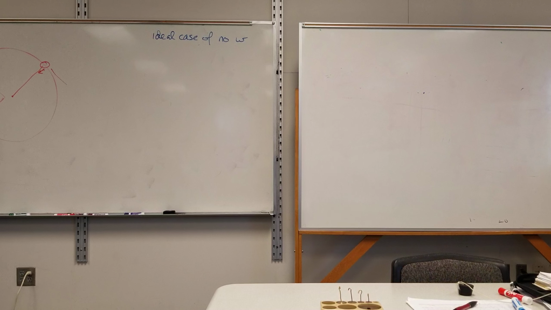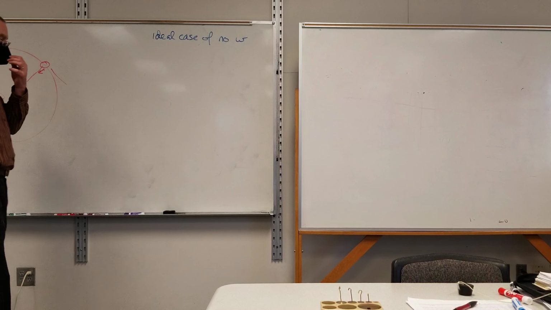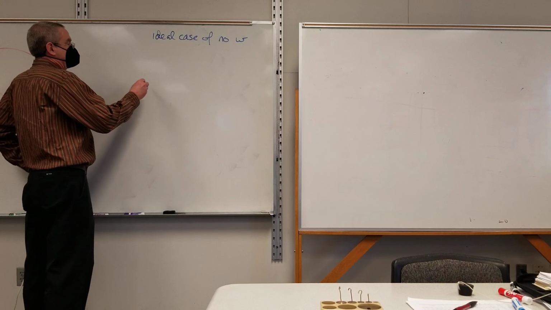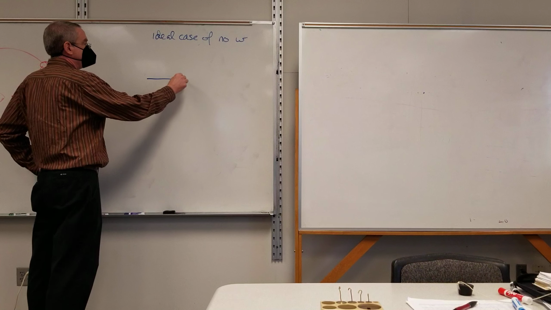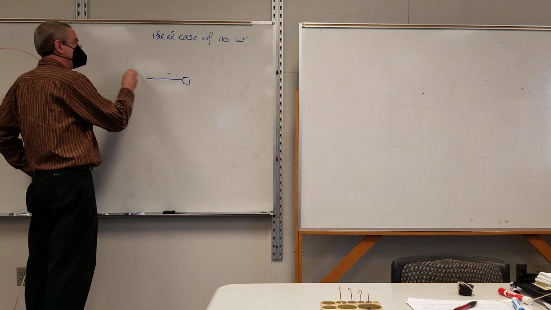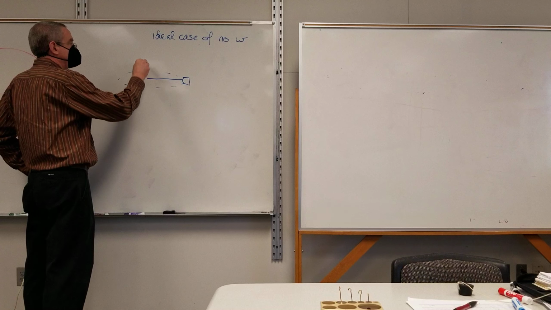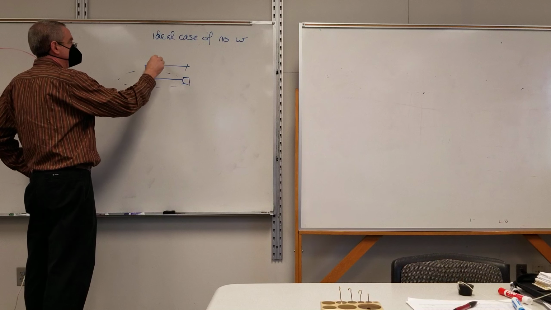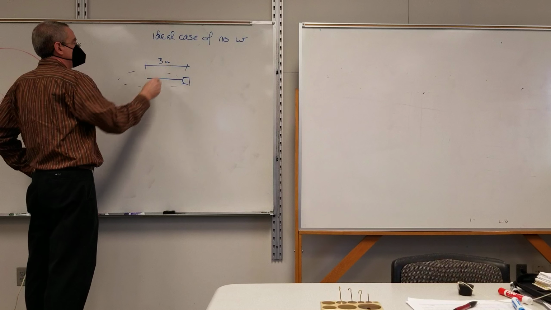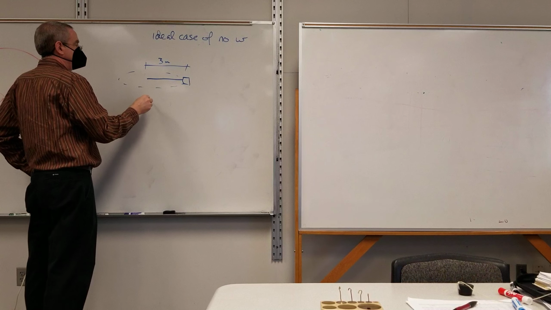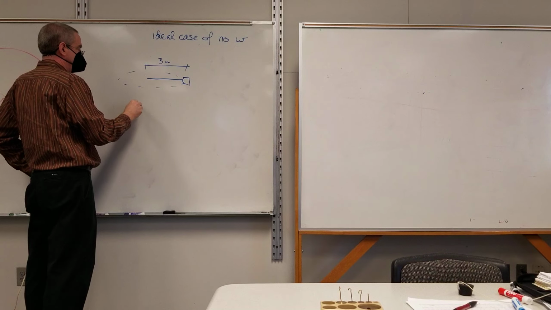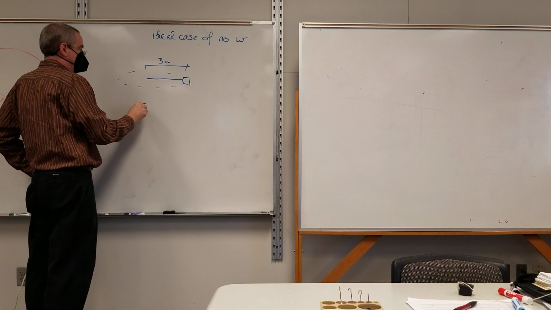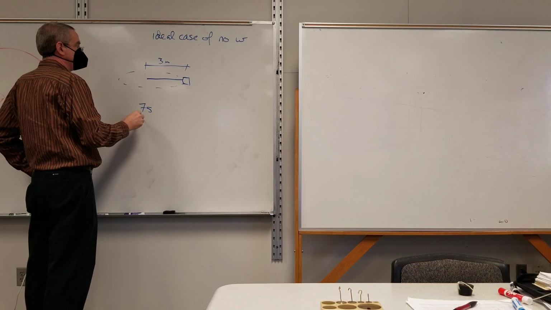Technically, not that that's really possible, but we can do enough simulations where we can pretend it is. So I have a stopper spinning around in a circle. From here to the center of mass, why don't we say 3 meters. And let's say it takes 7 seconds to go around in the circle.